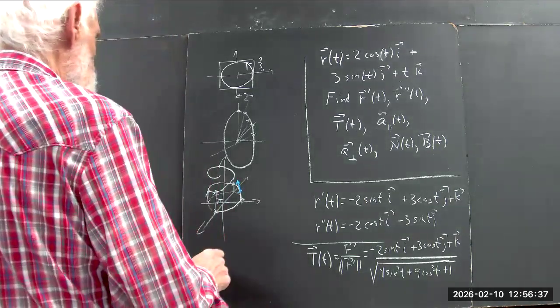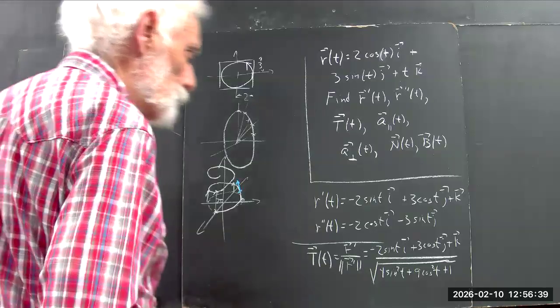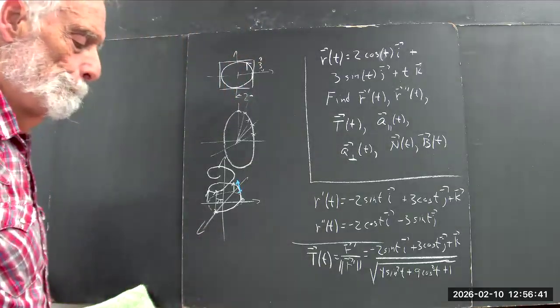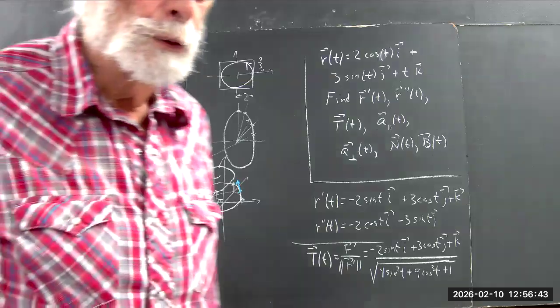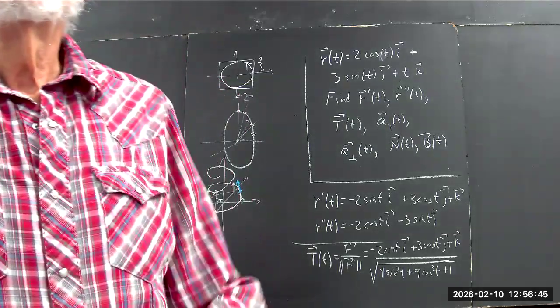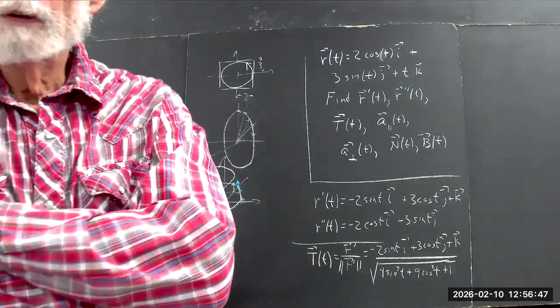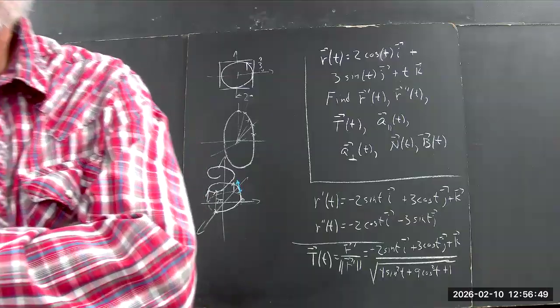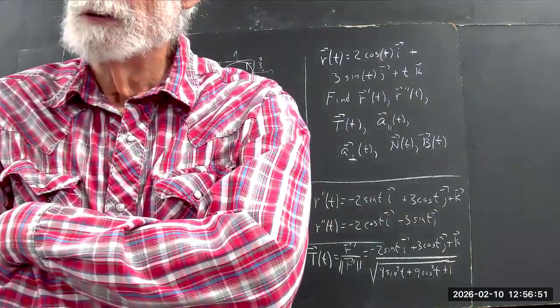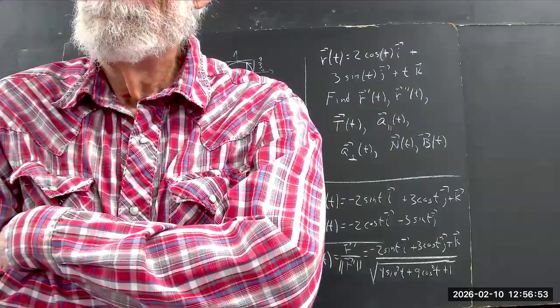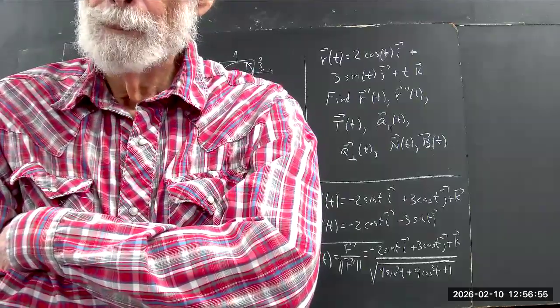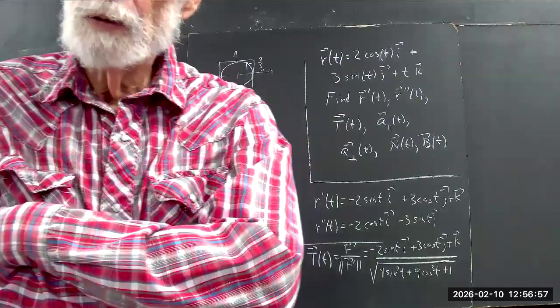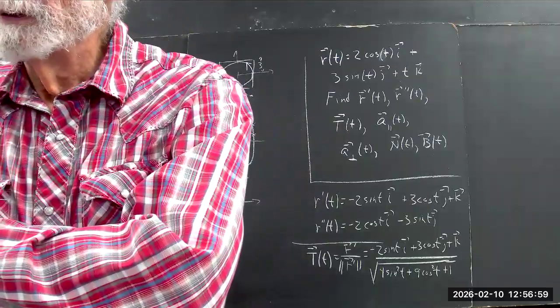Okay. One thing about your normal vector. Your normal vector is going to be perpendicular to the unit tangent vector, right? The unit tangent vector doesn't change its magnitude.